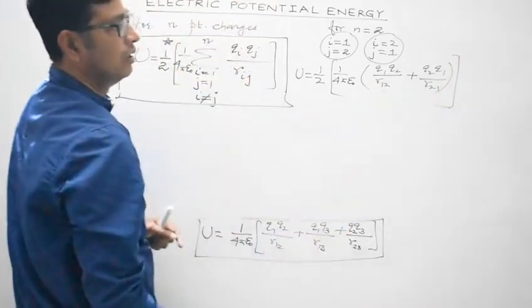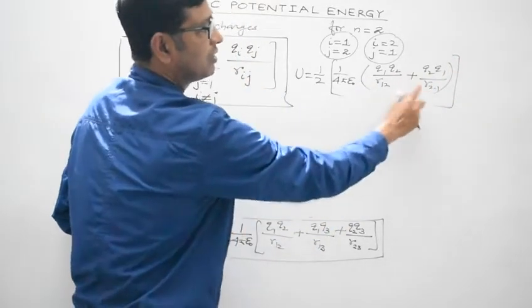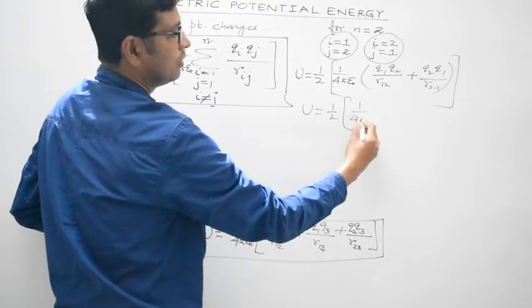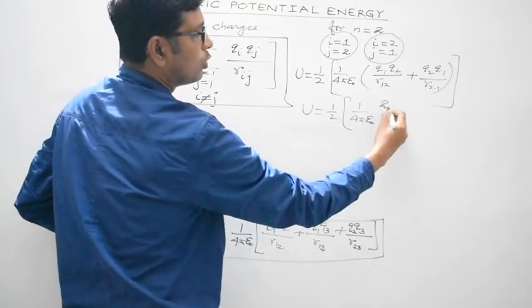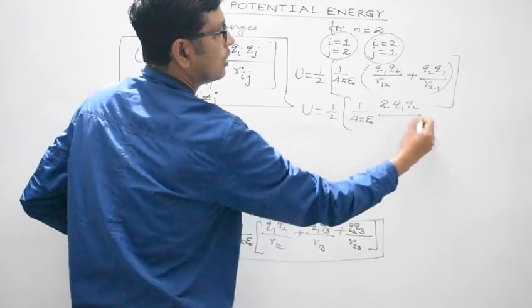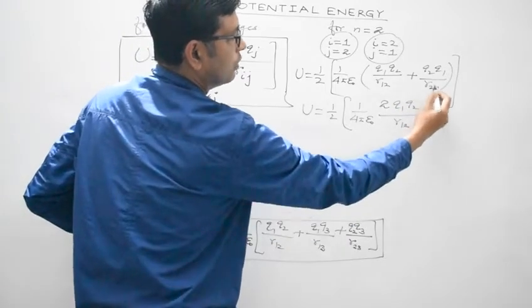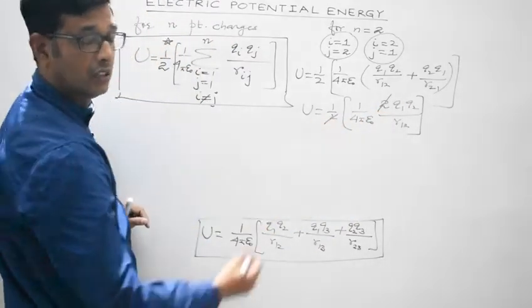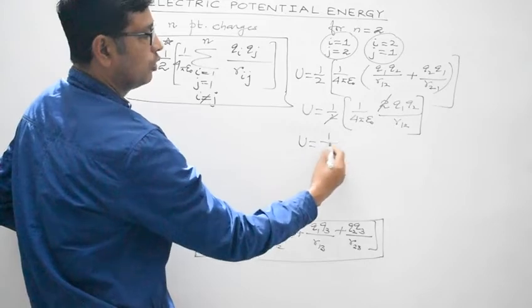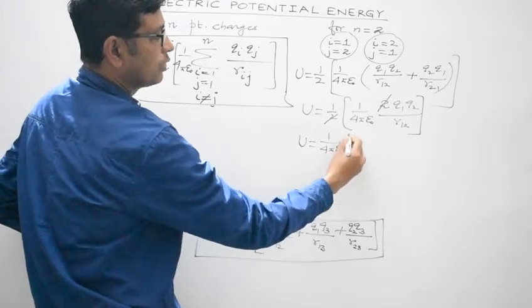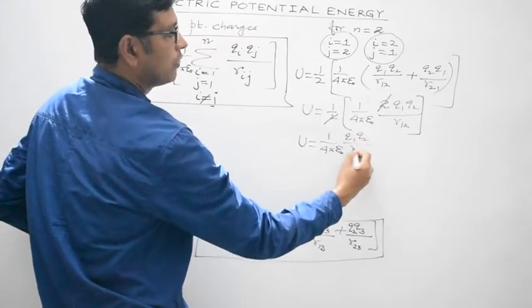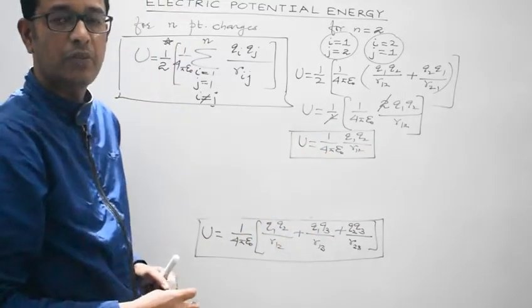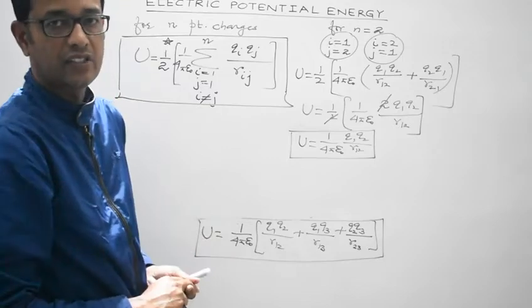It's a scalar, so both these terms represent the same thing. So what you get is 1 over 4 pi epsilon, twice Q1, Q2 divided by R12. So this 2 and this half get cancelled. So we are left with 1 over 4 pi epsilon Q1, Q2 divided by R12. This is the expression for the potential energy of a system comprising of 2 point static charges.